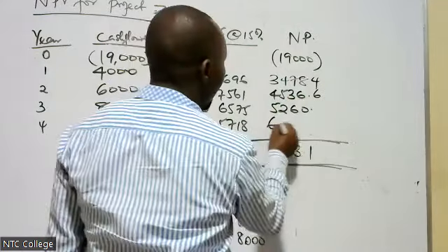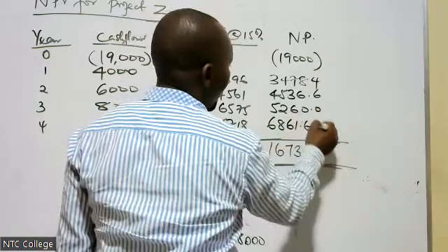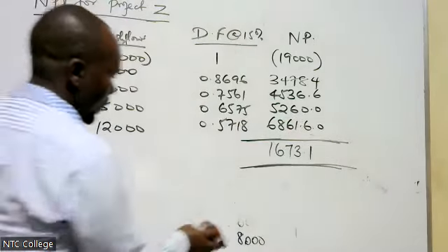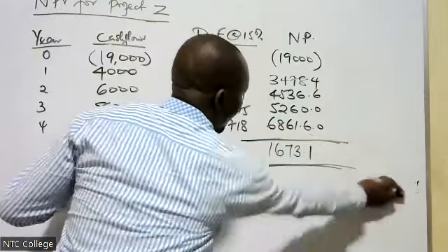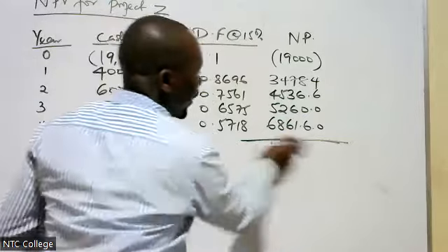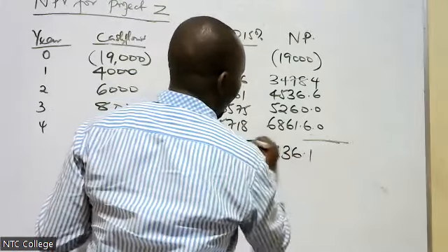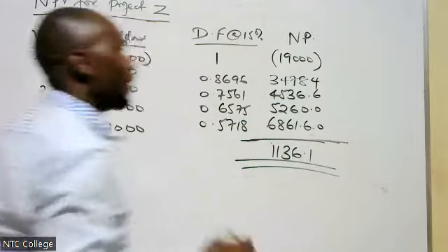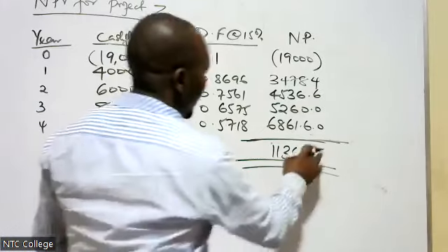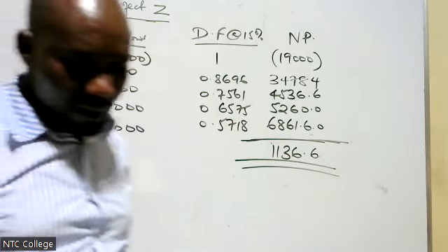Then we have 68, 61.6. What do you get? You're getting 1136.1. 1136.6. Is that correct?